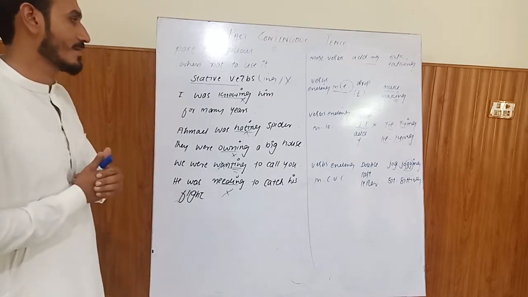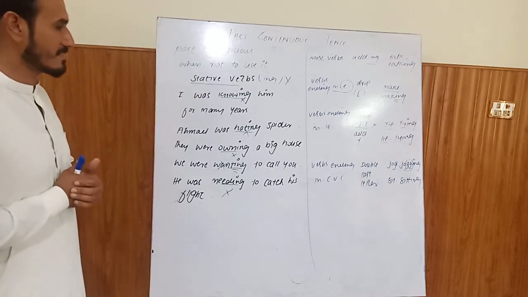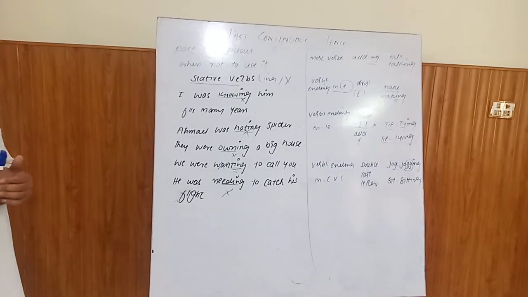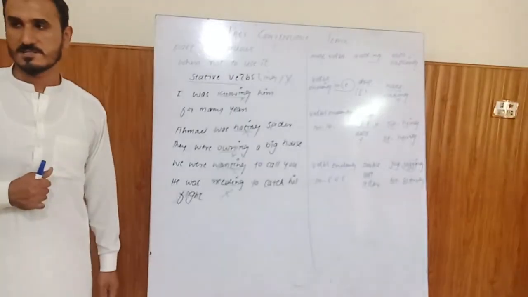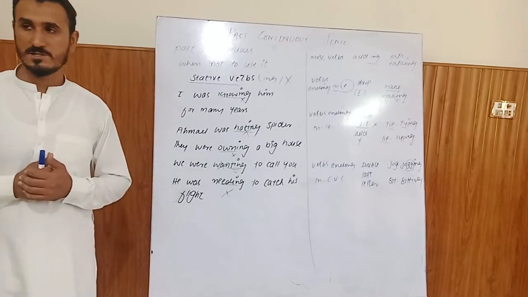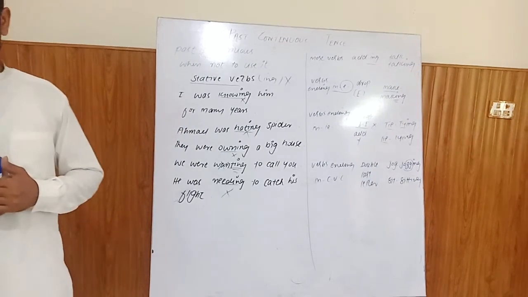With stative verbs we are not putting ing. Here I have written so many sentences, and they are all incorrect. And here we have discussed the spelling changes: when to drop a letter and when to add a letter. Clear? Okay.